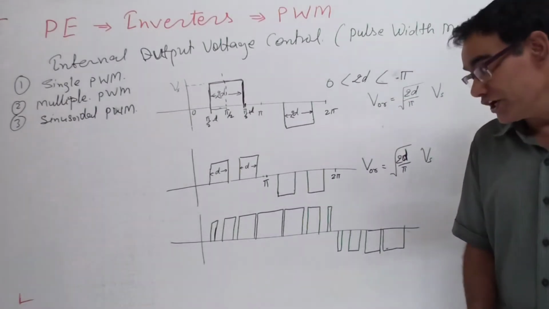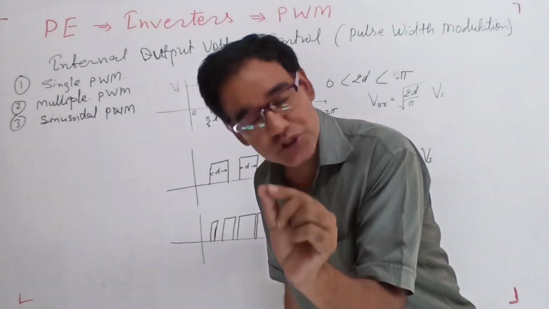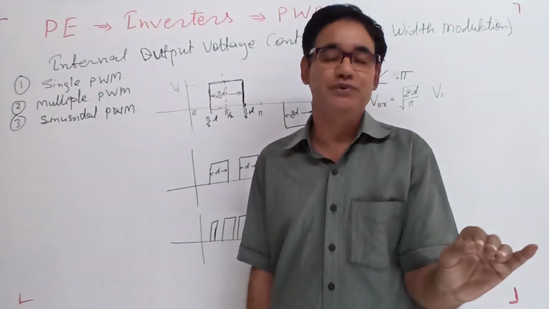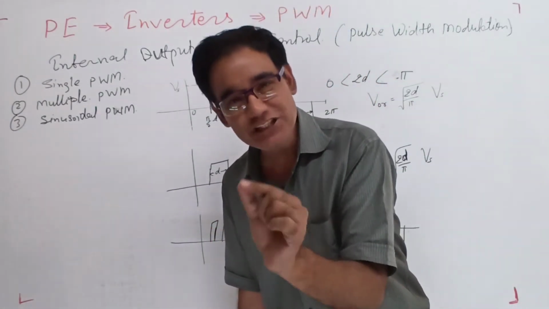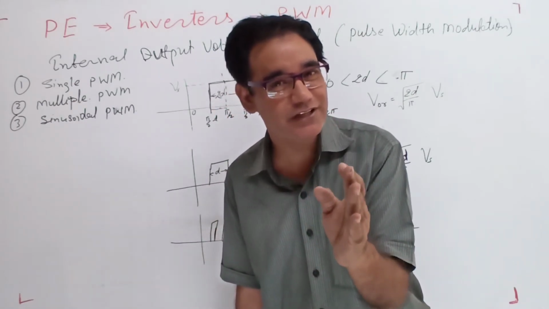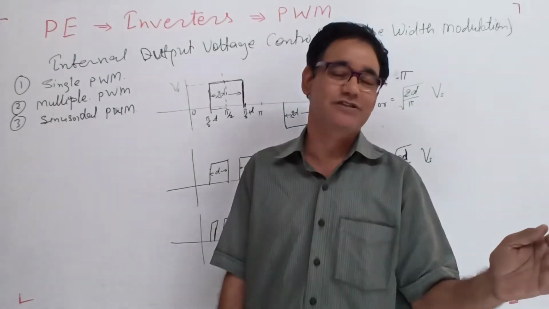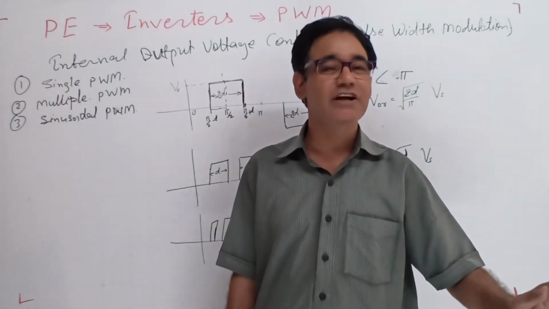When it is sinusoidal, the variation in the width is as per a sine wave. The initial width is less, then the width is higher, then greater, then lesser, lesser, lesser. Then negative.